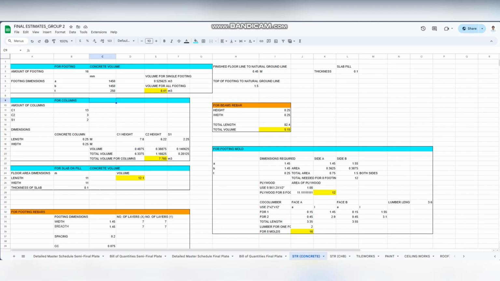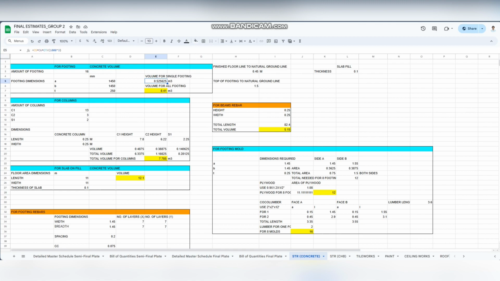So firstly we have the concrete. I gathered the volumes for the footing, columns, and for the slab on fill, which is given by these dimensions right here. Then multiply that to get the volume.